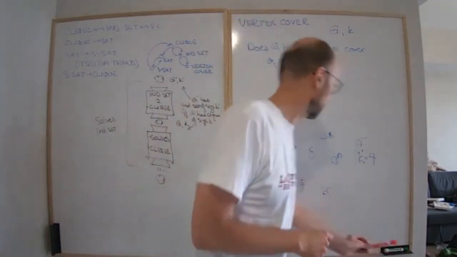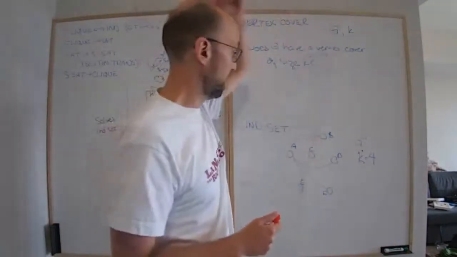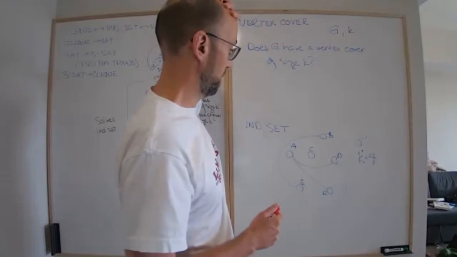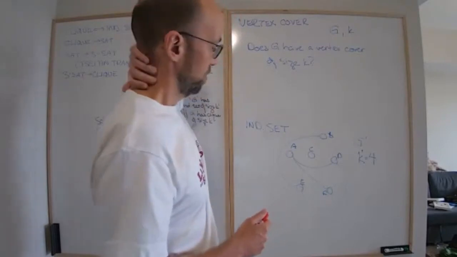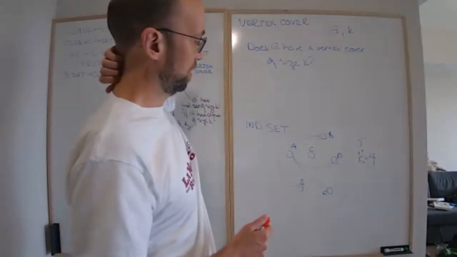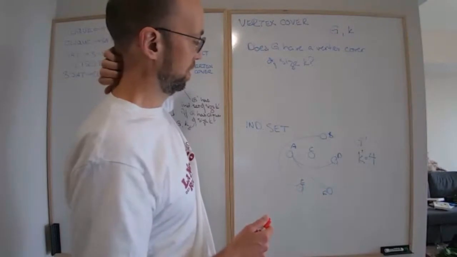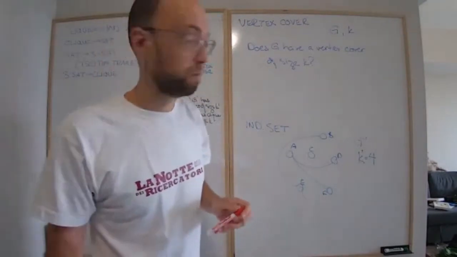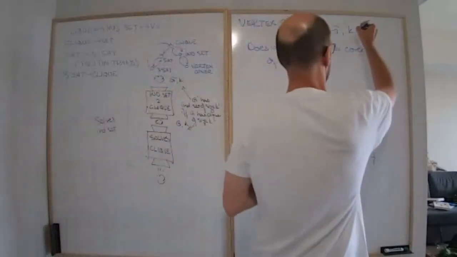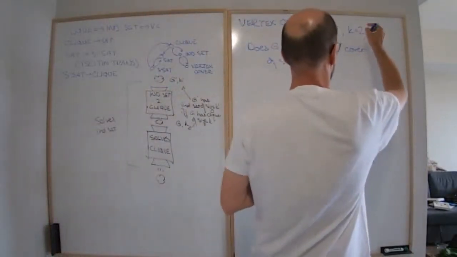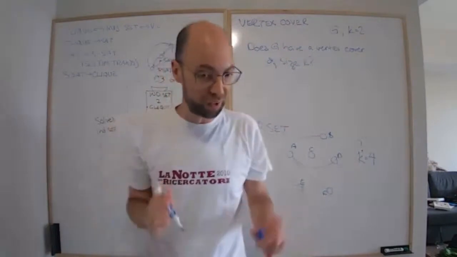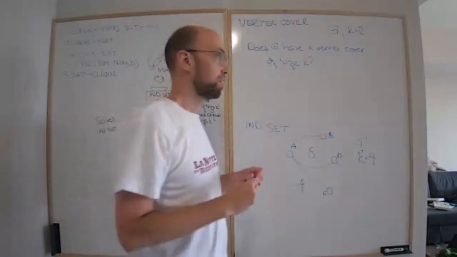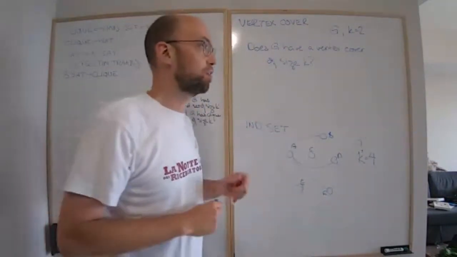So, for example, what could k be here? Let's say k is equal to 2. So k is not always equal to 2, okay? But they are allowed to give us this k.